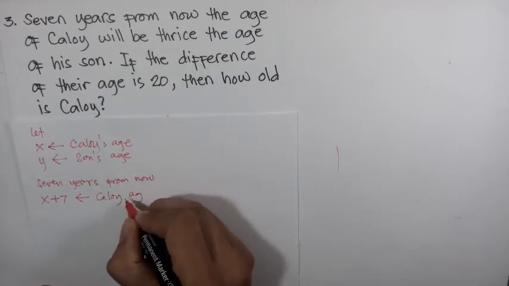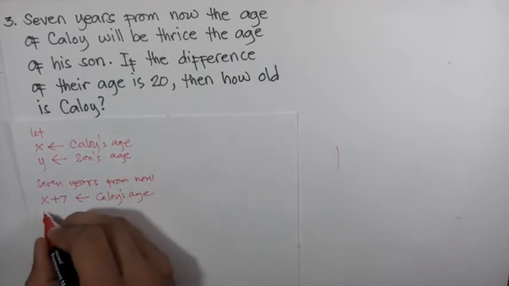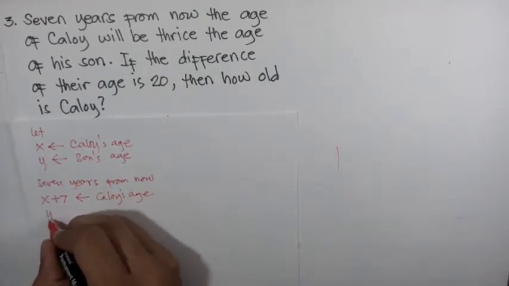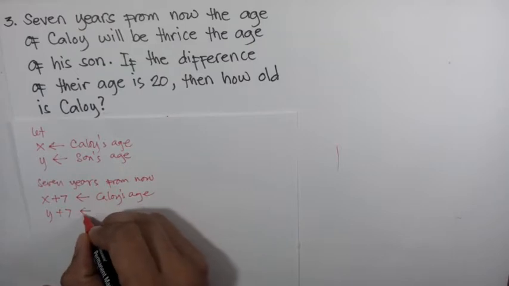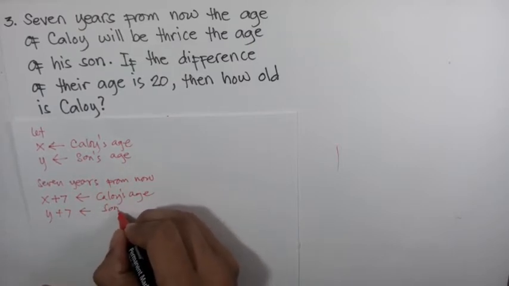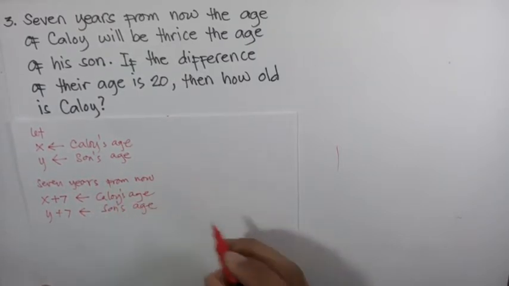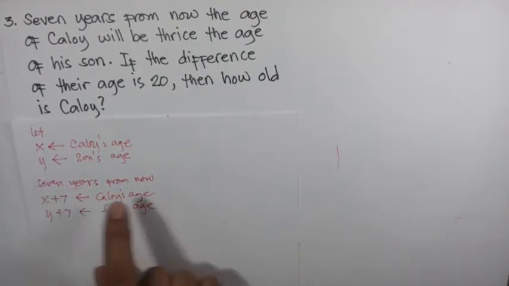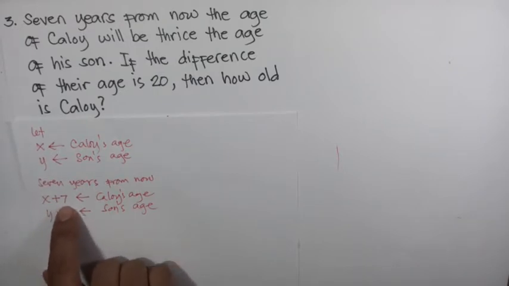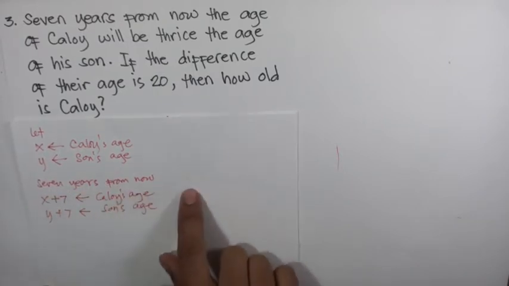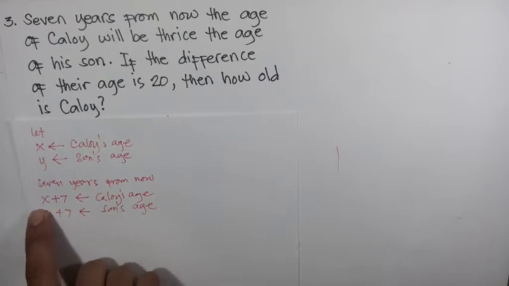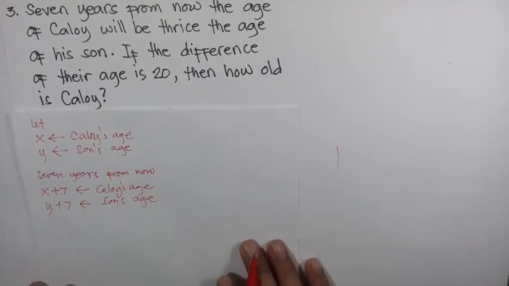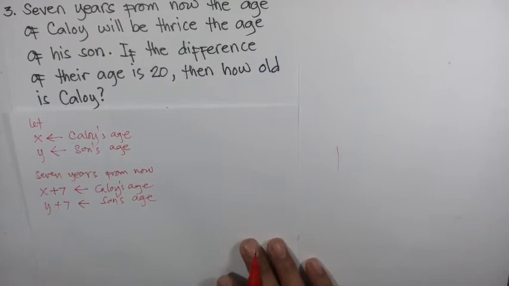And then son's age would be y plus 7. This is in the future, but if it's 7 years ago, you're going to subtract, so x minus 7. But since we are working with 7 years from now, we are going to add to their present age, which is x.